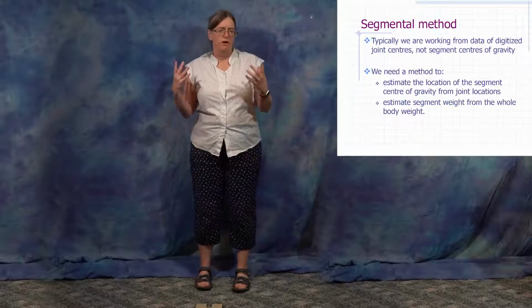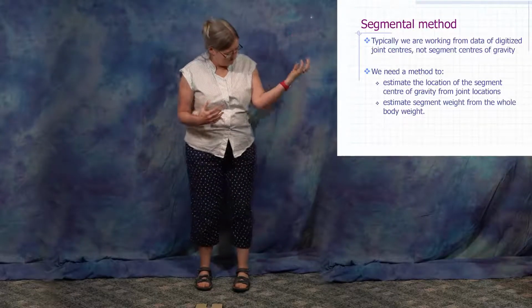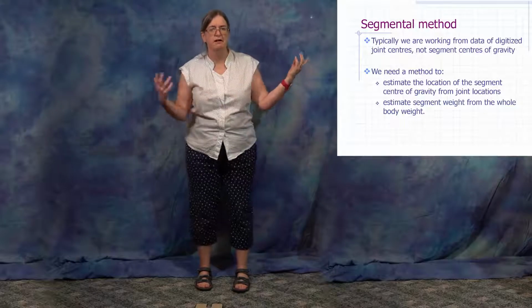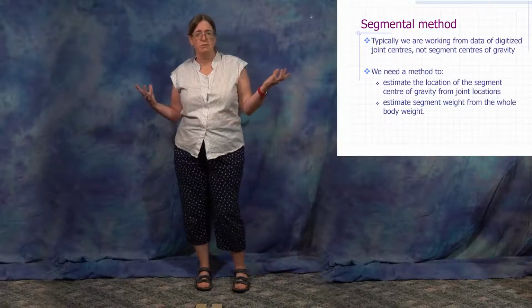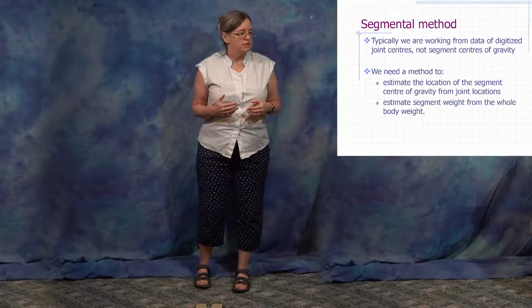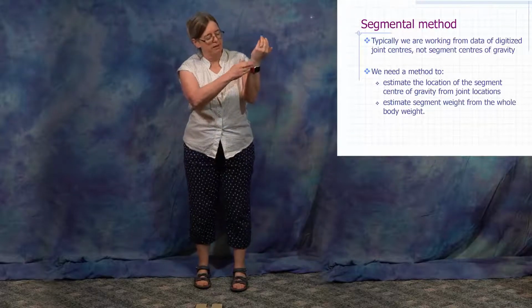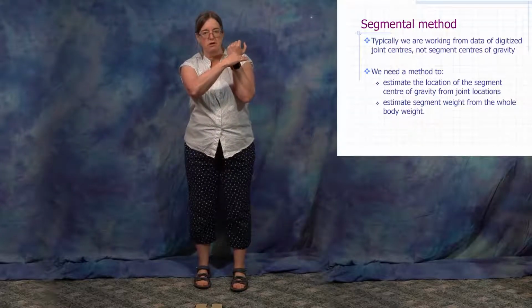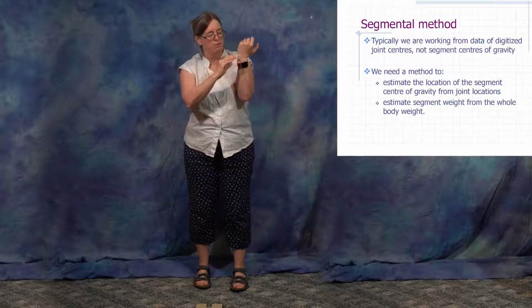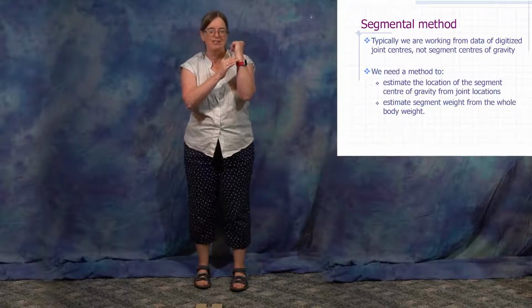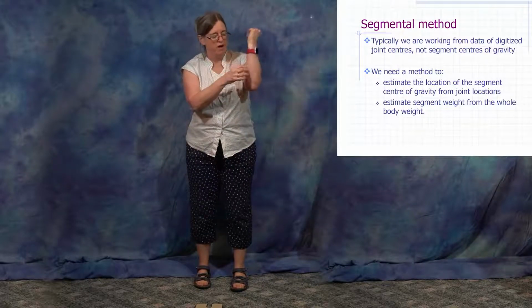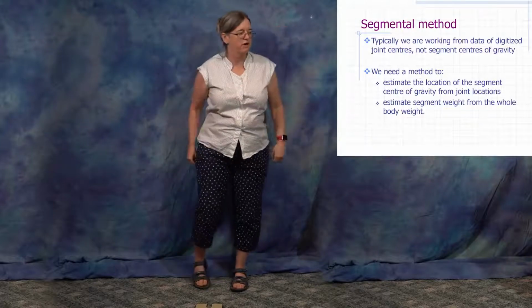So, we have a picture of somebody. Where's the center of gravity of a body segment? Typically, because we can pretty much landmark where our joints are, or most of our bony landmarks are at the joint locations. They're not randomly at that center of gravity.